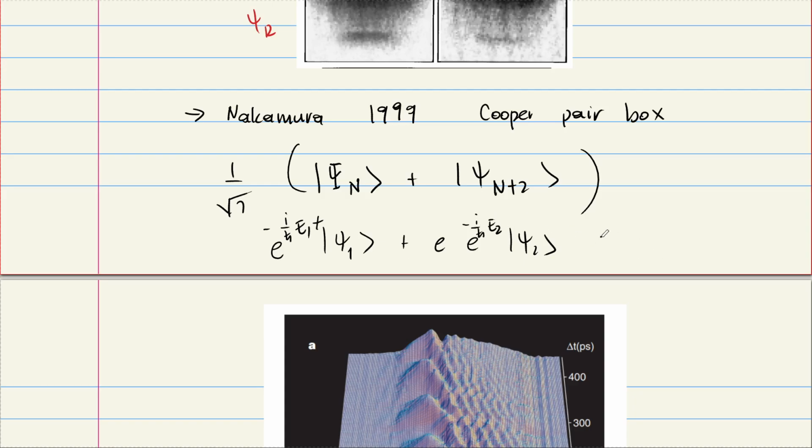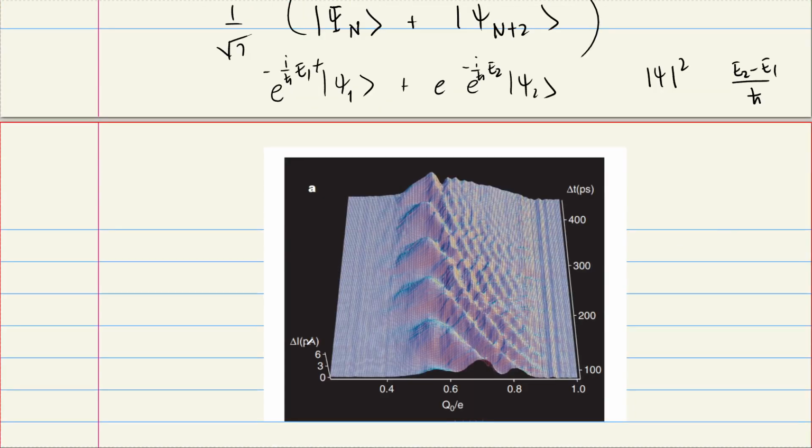And if you look at oscillations of anything, for example, density, right? If you look at psi, for example, there is going to be oscillation in time. And the oscillation is going to be determined by E2 minus E1 over h bar. You can read the paper to see more detail, but these oscillations are here, right?